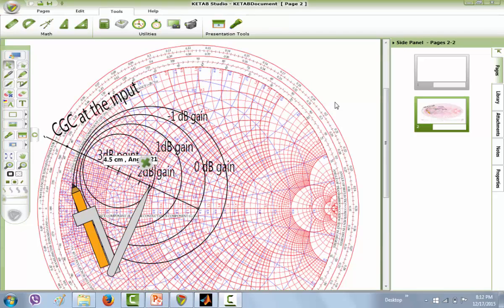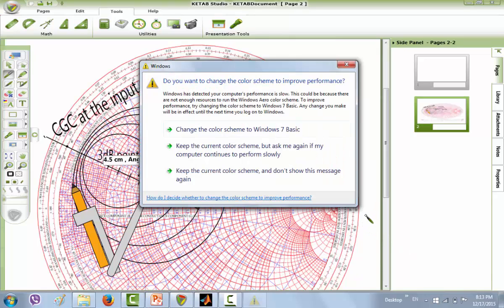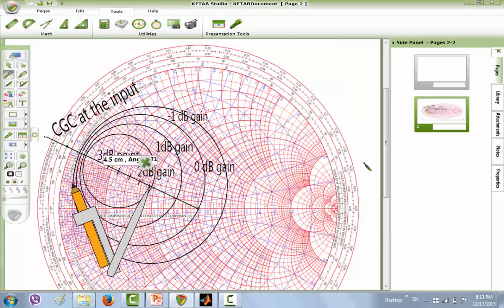Now repeat the same steps but for the output constant gain circles. First, draw the line. So we start from the S22 conjugate point, which is at the 20 degrees phase, and it's here.